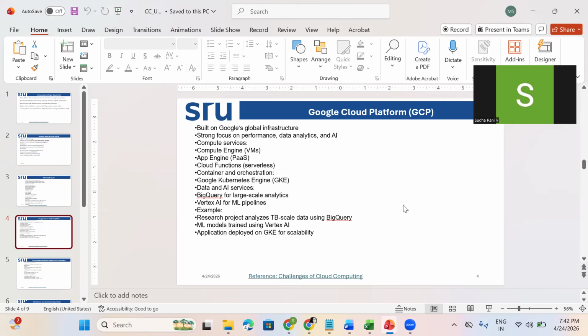Coming to data and AI services, BigQuery for large-scale analytics and Vertex AI for machine learning pipelines. Examples: a research project analyzing terabyte scale data using BigQuery, machine learning models trained using Vertex AI, and an application deployed on GKE for scalability.